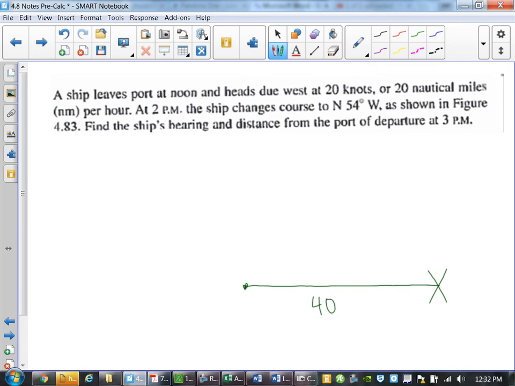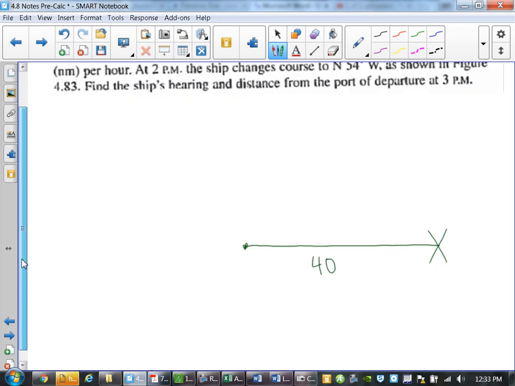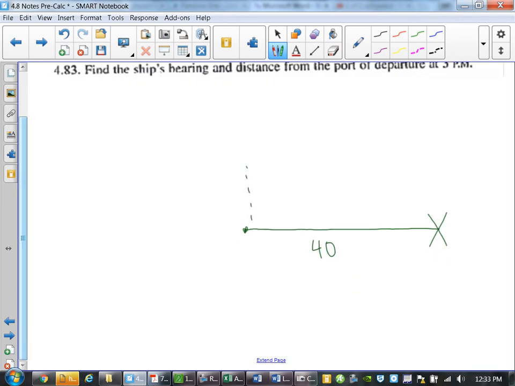Everybody okay with me so far? At this point, you went north 54 degrees west. So that means there's a bearing thrown in, which means we throw that in there.